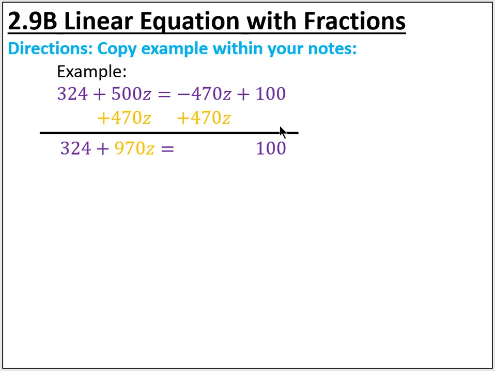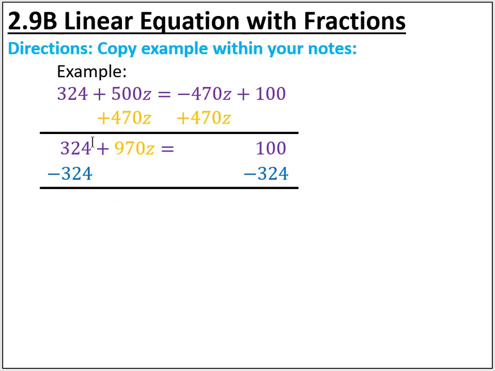Now since I have the z on the left side of the equal sign, I need all my numbers on the right. So I need to cancel out 324 from the left side. So to balance the equation, I'm going to subtract 324 to both sides of the equal sign. So minus 324 on the left and minus 324 on the right.